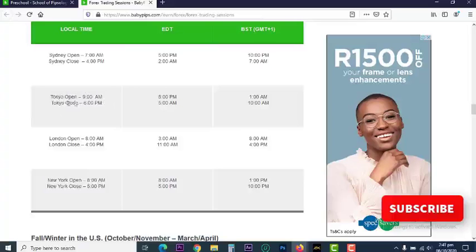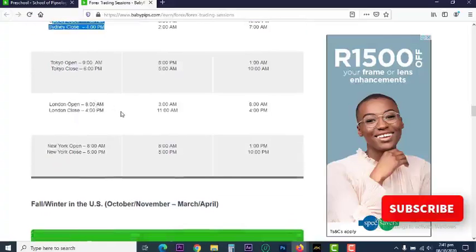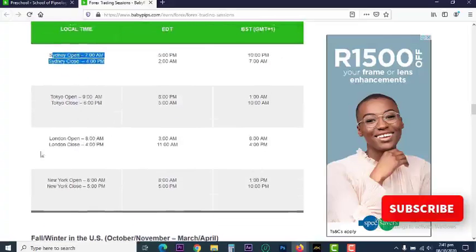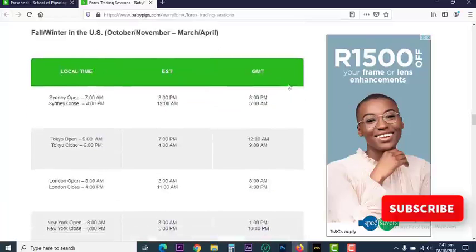The Tokyo session, that's the time right there, opens at 9 a.m. and closes at 6 p.m. If you are using the GMT time model, it will be 1 a.m. your time to 10 a.m. the next day. So that's the Tokyo session. And then the Sydney session opens at 7 a.m. and closes at 4 p.m. So your time really determines when you get into the market.